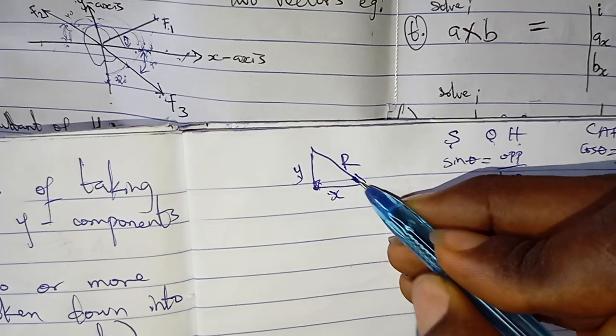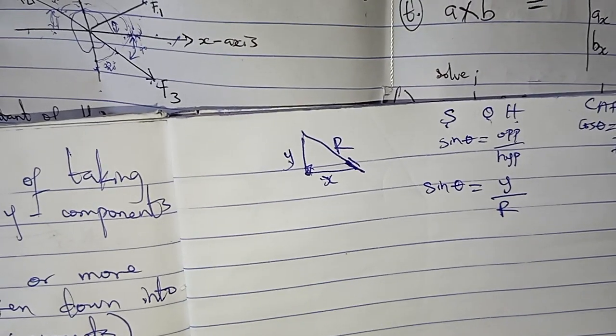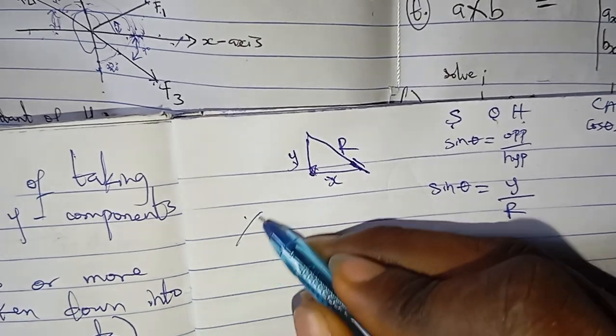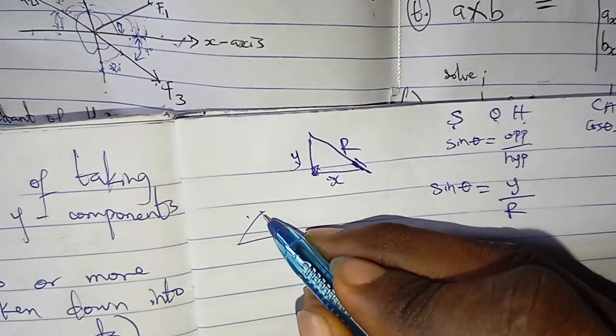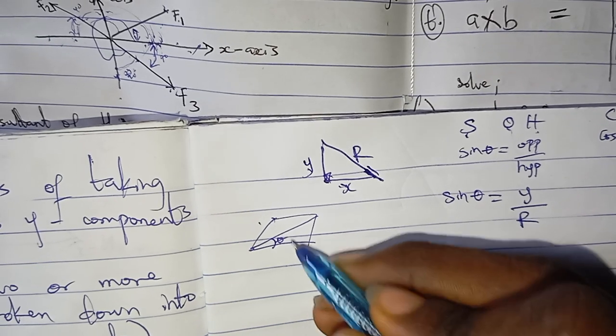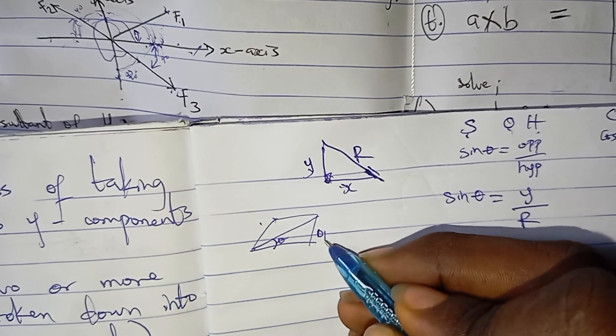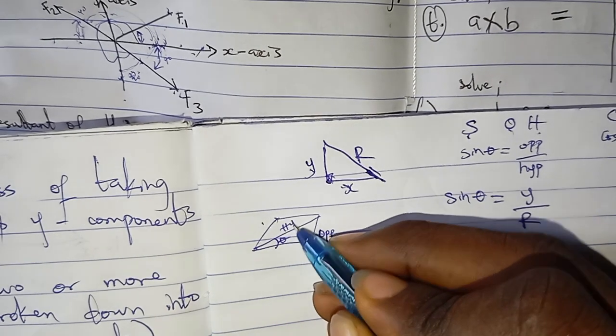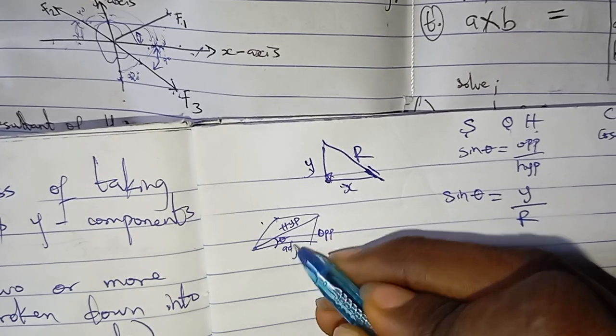So remember that if I have this kind of angle, for example, and I have this theta, the opposite side is here. This is hypotenuse, this is adjacent.